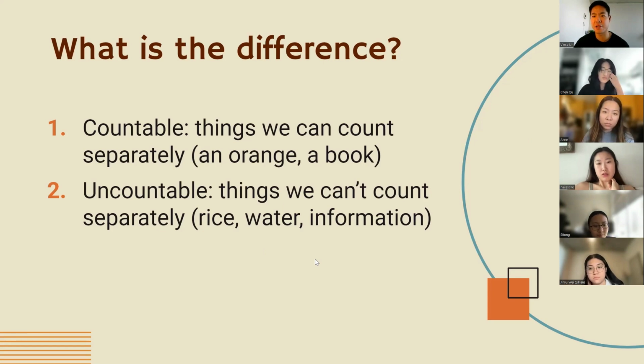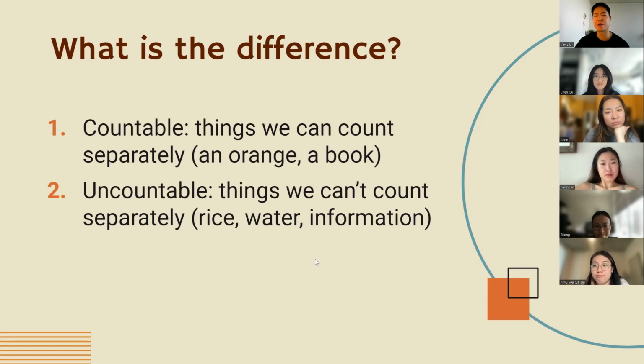Imagine your mom is going to cook dinner, and she tells you to make 50 pieces of rice. Do you think you can really count each rice? That would be so hard, right? That's literally impossible. Same thing for water. Do you think you can count water separately?